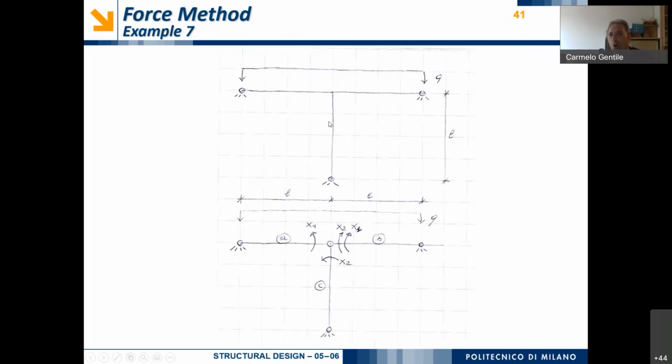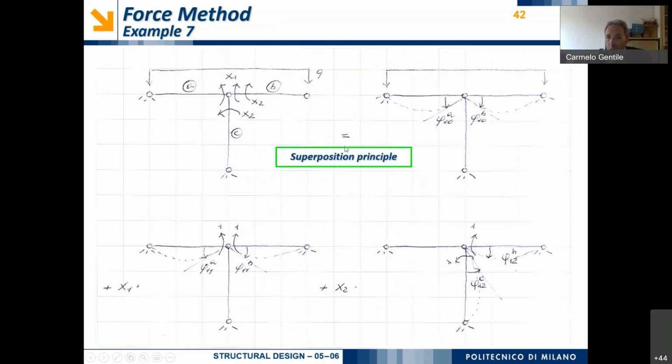But if this node does not rotate, it means that the vertical column will be subjected only to a vertical axial force. And we already know the redundant bending moment corresponding to the left-hand side and right-hand side beam. Okay, so in order to demonstrate this, we can apply the superposition principle.